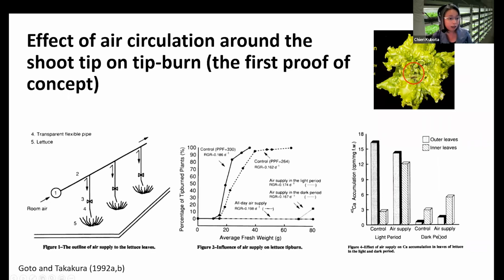He also tested nighttime-only airflow to see which phase of the day, daytime or nighttime, is more effective in terms of enhancing calcium uptake by airflow. He showed that it still increased the calcium uptake by inner leaves, but the impact is much bigger during the daytime, because obviously stomata are open during the daytime and closed during the nighttime.